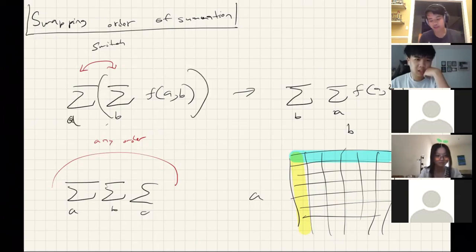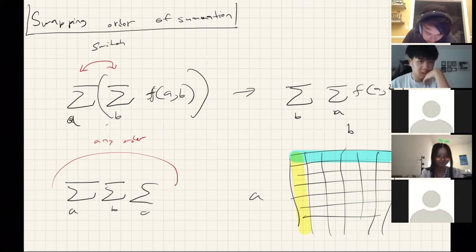The way that swapping the order of summation goes is you have a nested sum, with, let's say, two variables. We'll just assume two variables, but it can be many more. And then you just have a function of a and b in the middle.